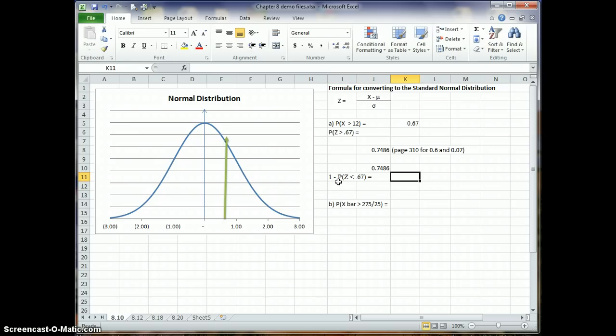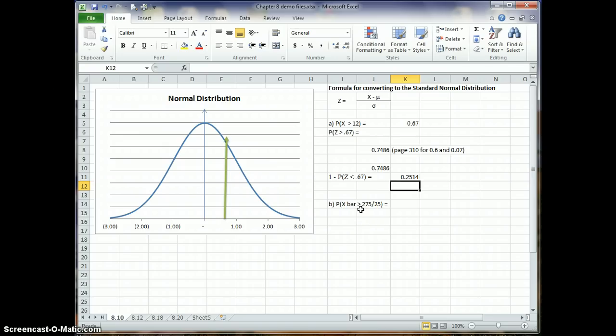So it's going to be equal to 1 minus that, and you can click on either one of those to give you the answer of 0.2514. So that's the probability in this case that the students consume more than 12 pizzas per month.